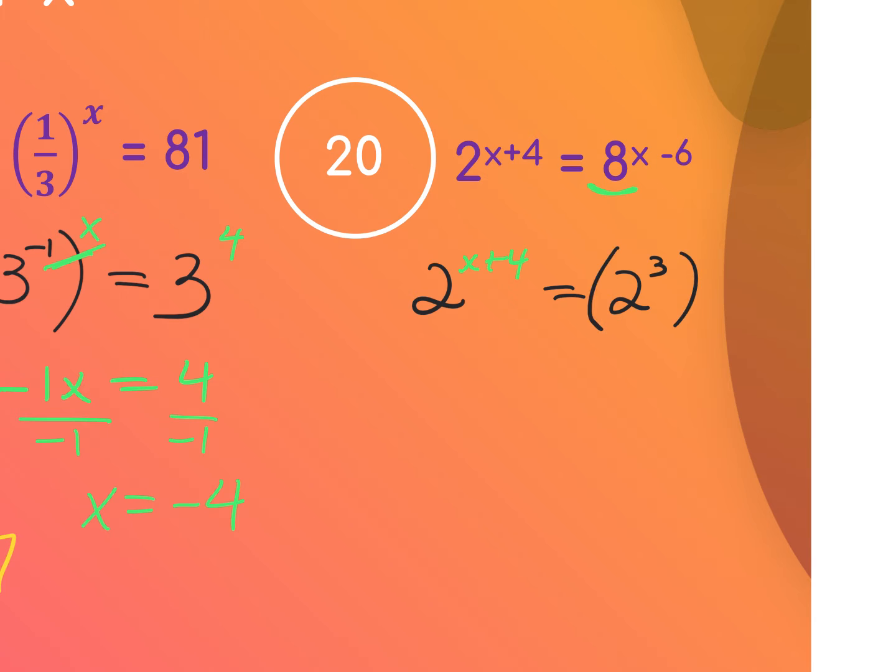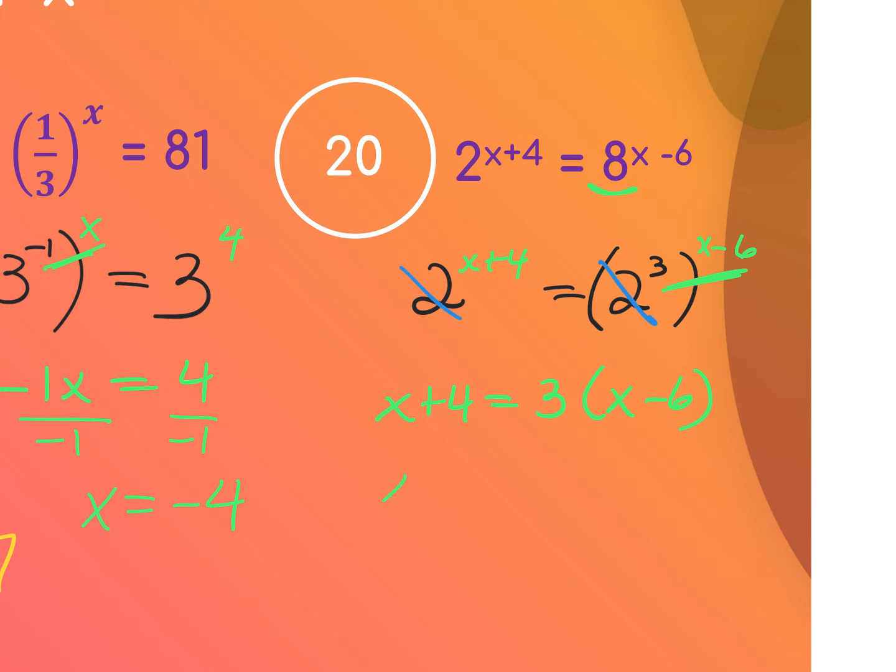And then this x minus 6 is still there. I now need to multiply this power to the power. So the bases get canceled. I'm left with x plus 4 equals 3 times x minus 6.